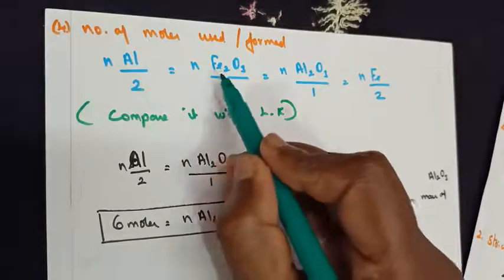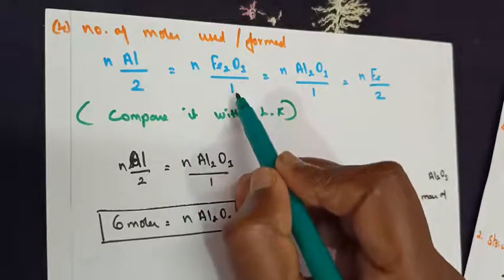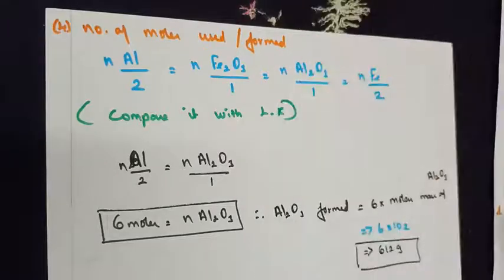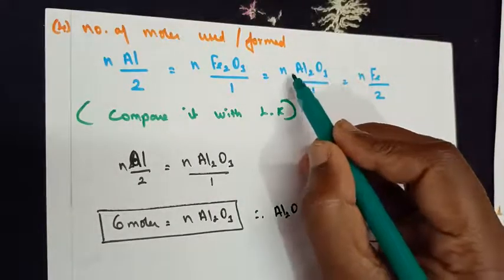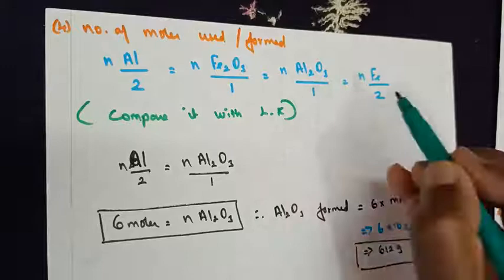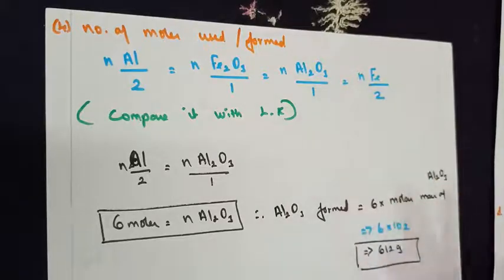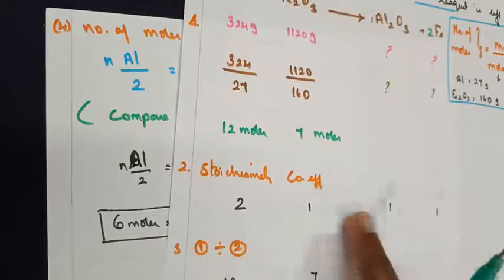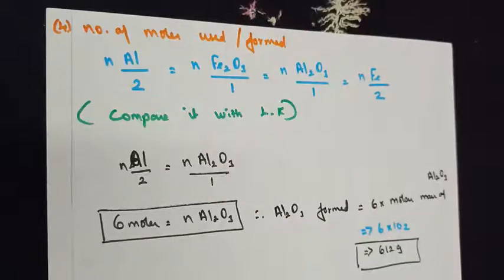Similarly, number of moles of iron oxide by 1, where 1 is the stoichiometric coefficient of iron oxide. Same way, number of moles of alumina by 1, number of moles of iron by 2. All these denominator numbers are the stoichiometric coefficients we have calculated.